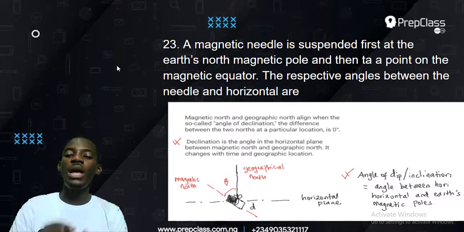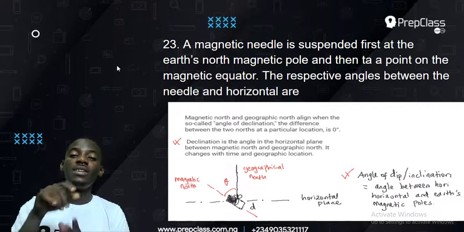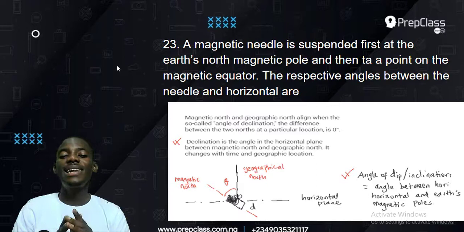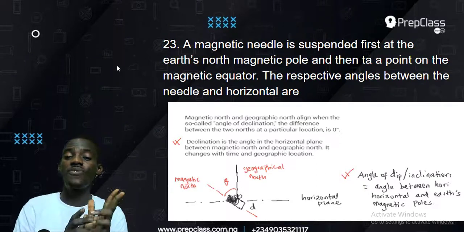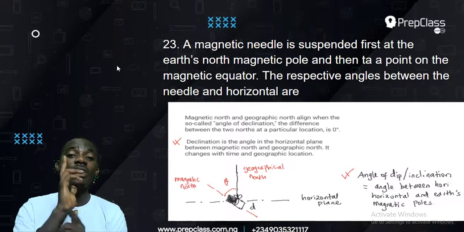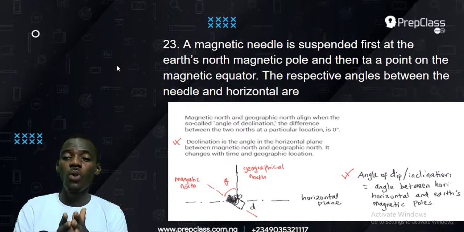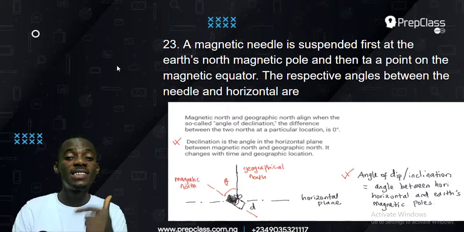But for a magnet that is suspended, the magnet's north is this way. So the magnetic north is different from the geographical north. The first thing to know is that magnetic north and geographical north are aligned when the angle of declination, the difference between the two norths at a particular location, is 0 degrees.